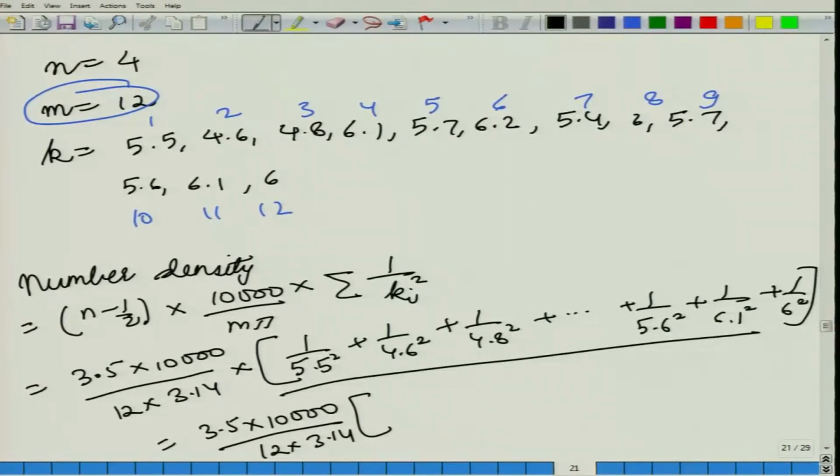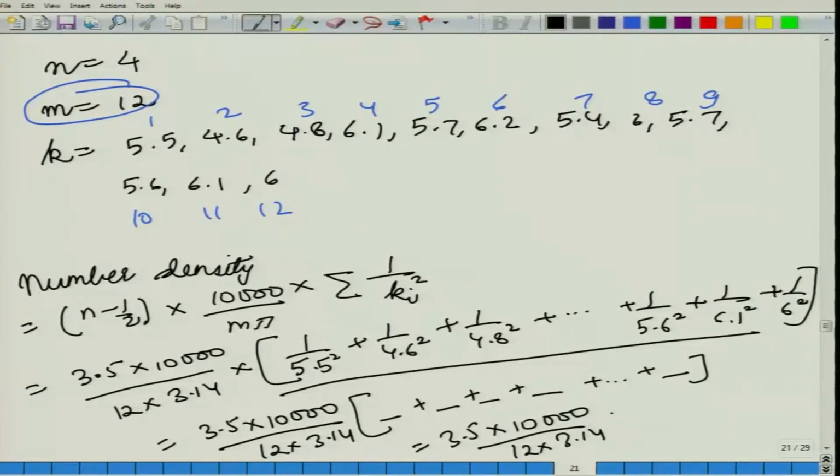You calculate these values one by one, then you take the sum. So you will write it as 3.5 into 10,000 over 12 into 3.14 into this value, which is equal to the value that you get. When you do all these calculations, you will get a value of 360 stems per hectare.